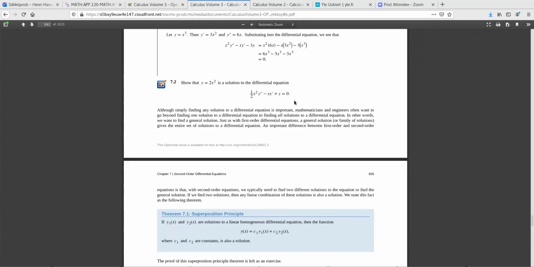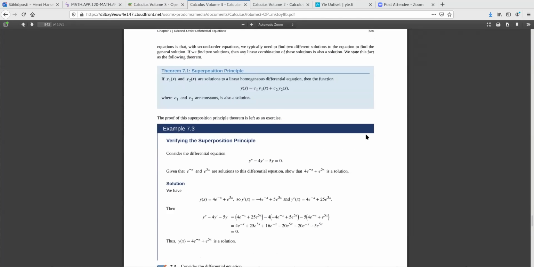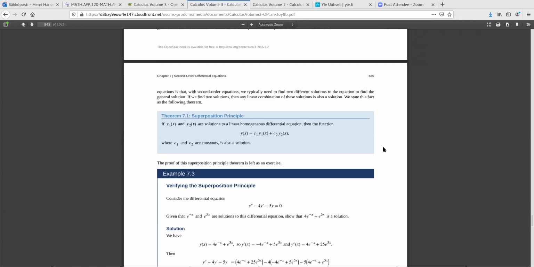I'm going to leave this for now. We're not going to go there in too great detail. Here's a very fun fact about this. If we have homogeneous equations and we have solutions to it, then one thing about it is that we can multiply this homogeneous equation solution with any constant, or we can add different solutions together to get also a solution.